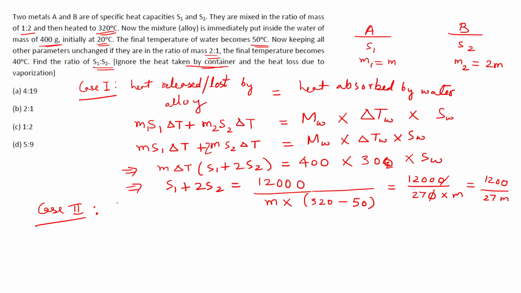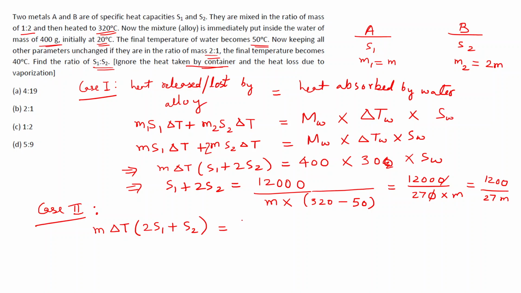In case 2 we are making the alloy by mixing the metals in the ratio 2:1. Earlier it was 1:2, now it is 2:1. So again, following the law of calorimetry, I'll directly write this time. It will be M delta T, and this time 2 times, since it was 2:1, so 2S1 plus S2 is equal to.